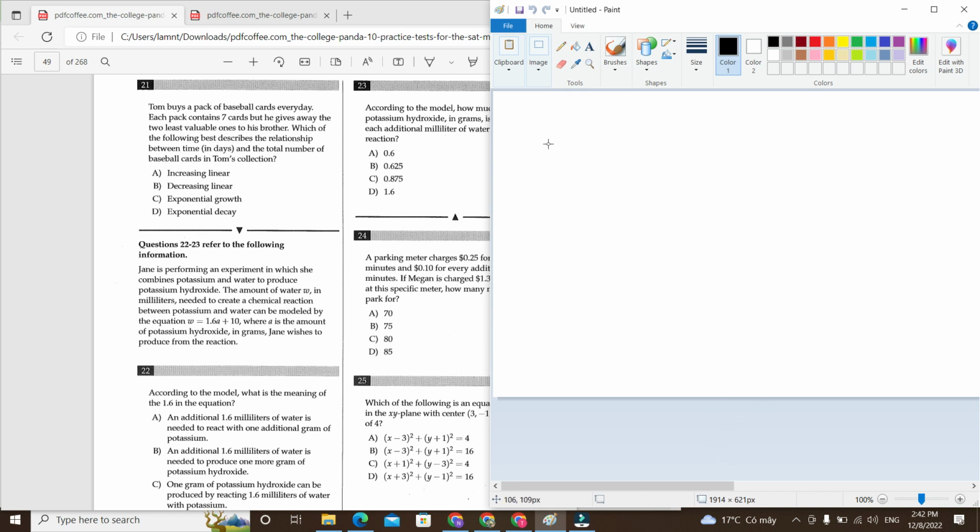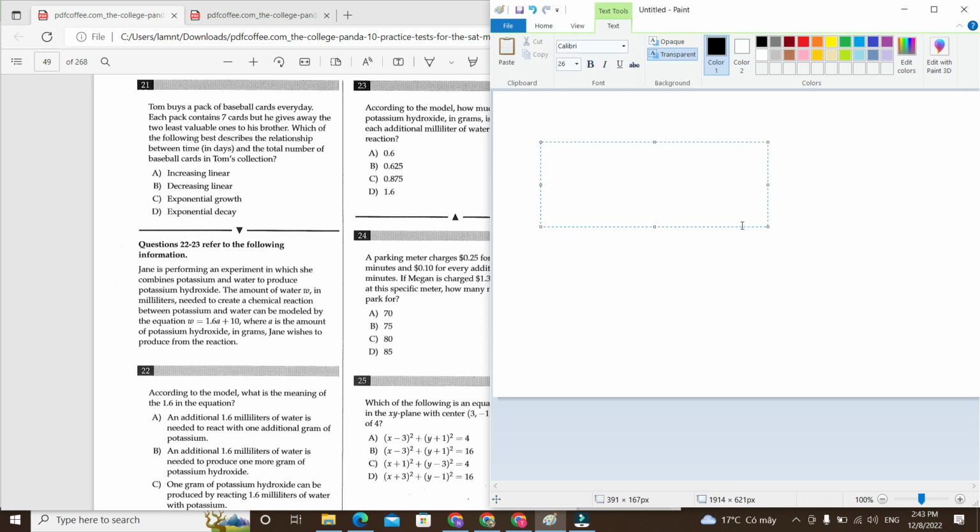So we have the model, right? For number 23, we have the model that W is equal to 1.6A plus 10, whereas W is milliliter of water and A is just grams of potassium hydroxide that is produced.